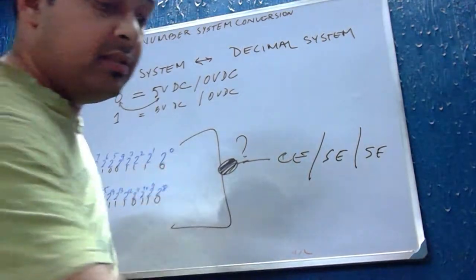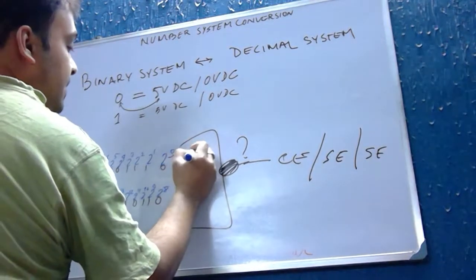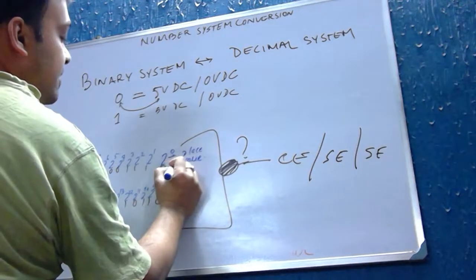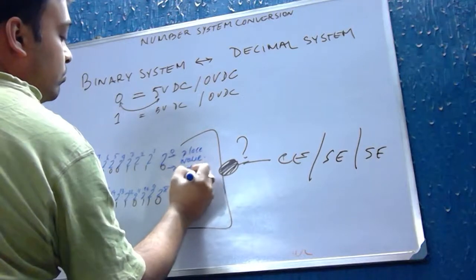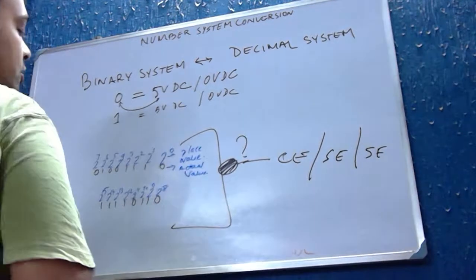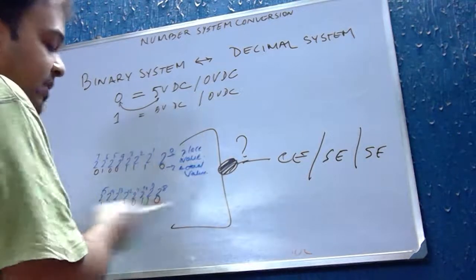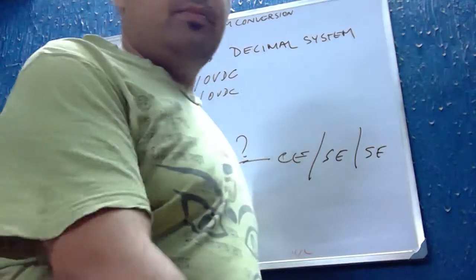This is the place value, and this is the actual value. You're going to simply multiply the place value by the actual value, add it up, and find the decimal number.